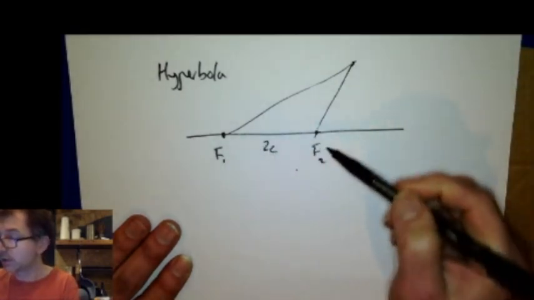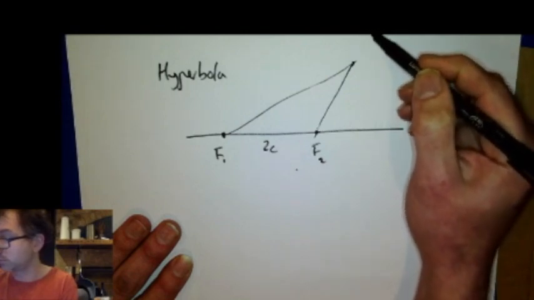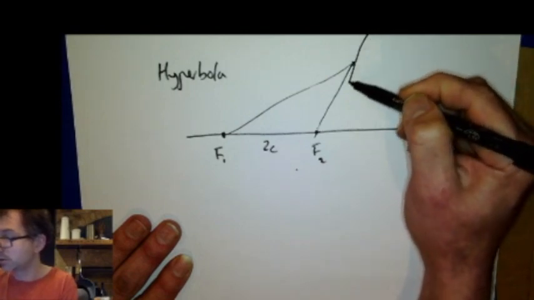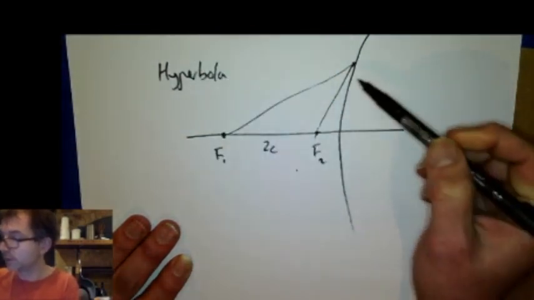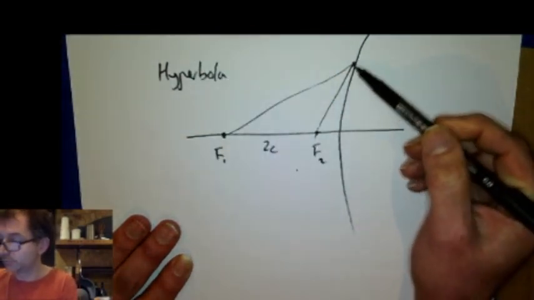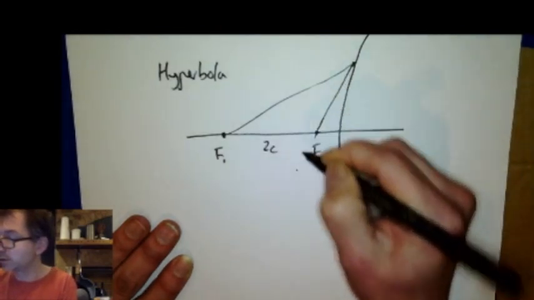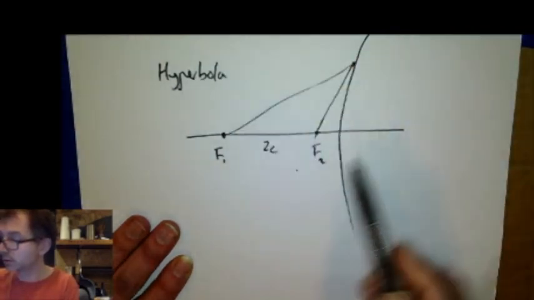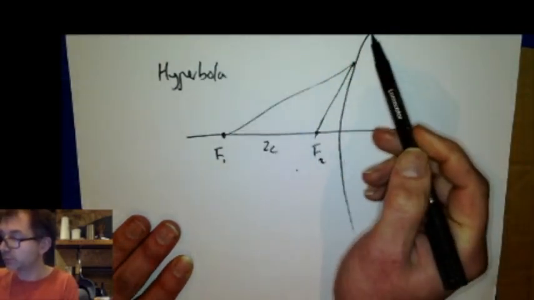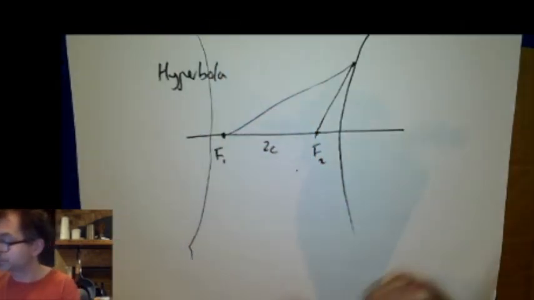Now you can convince yourself that if you draw out what you get from such an assertion about the points, you find that it has this kind of shape.